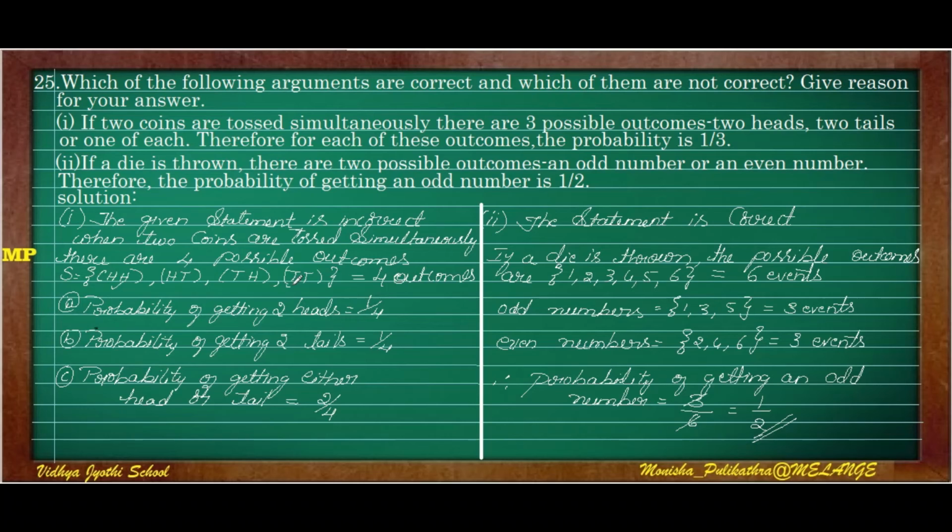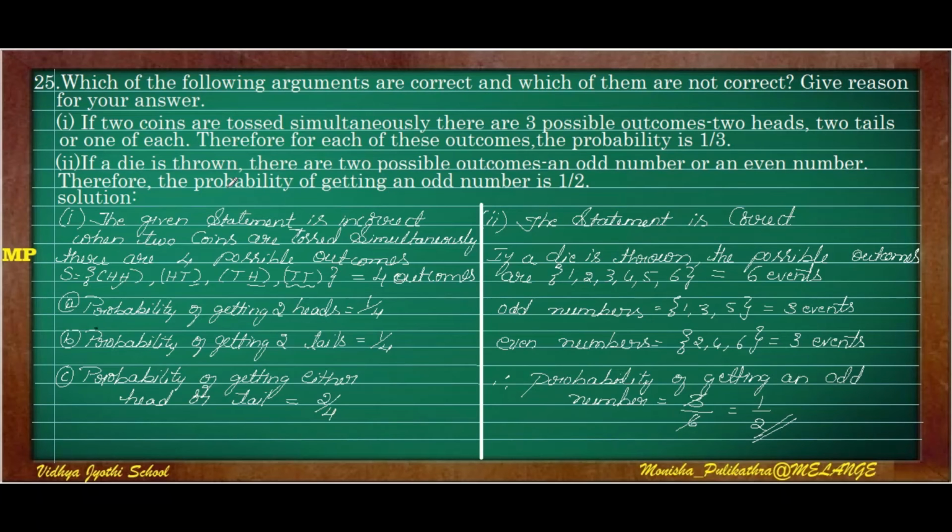If we take two tails as the event, then the probability of getting two tails is 1 by 4. And for getting one head and one tail, there will be two events, HT and TH, so the probability will be 2 by 4. So this statement is incorrect.